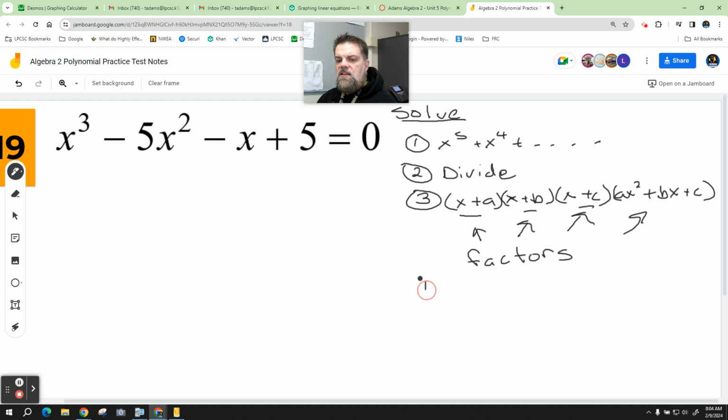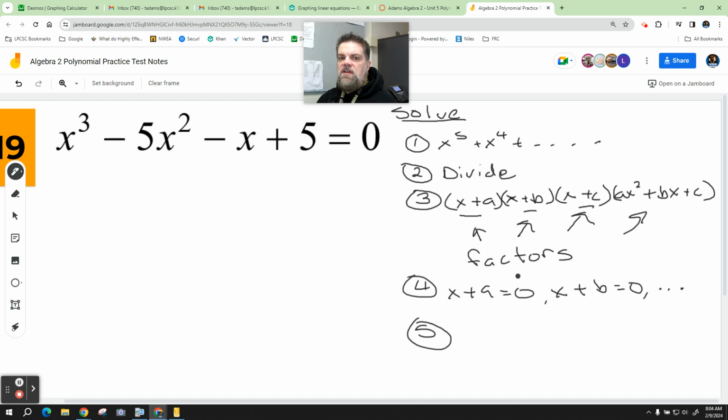So then the last step to find the solutions is you would say x plus a equals 0 and solve, x plus b equals 0 and solve, and then you just do that to all the factors. And those are all the possible solutions.